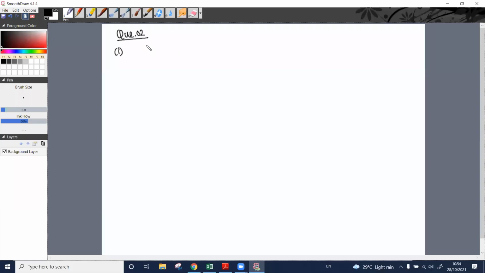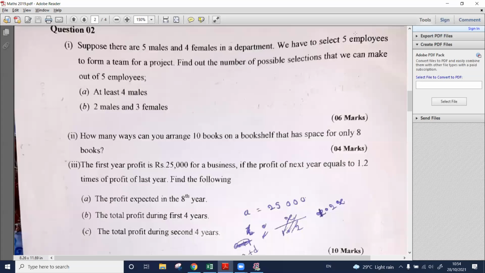There are 5 males and 4 females, and we need to select 5 employees to form a team. Find out the number of possible selections that we can make out of the employees.